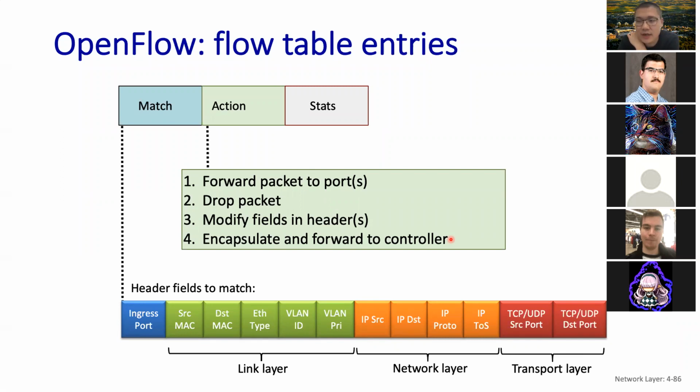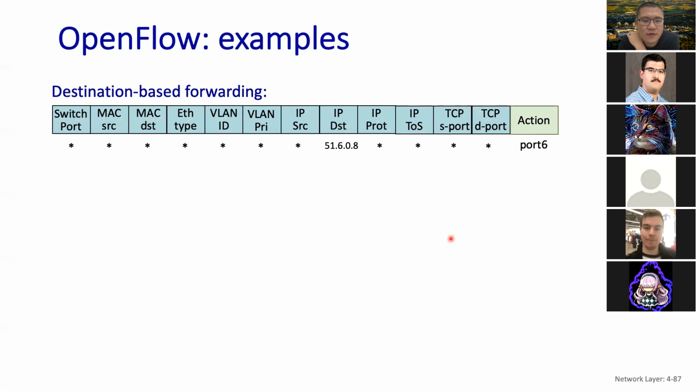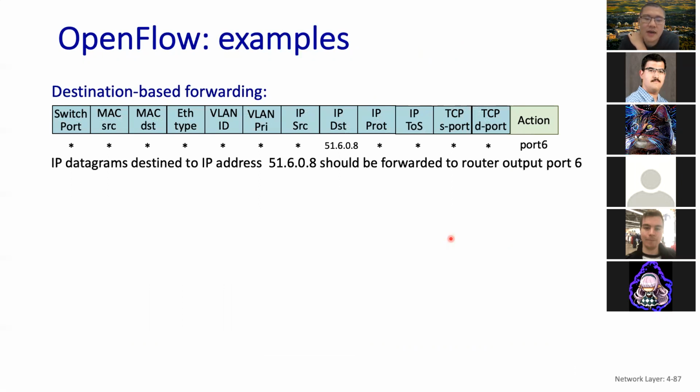Or something else, you can define your scheme, your protocol, your mechanism here. Okay, and then the status here is just the packet and byte counters for the different situations. Okay, so for example here, let's see some examples for OpenFlow.